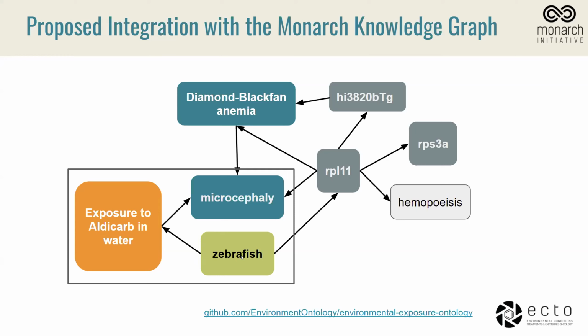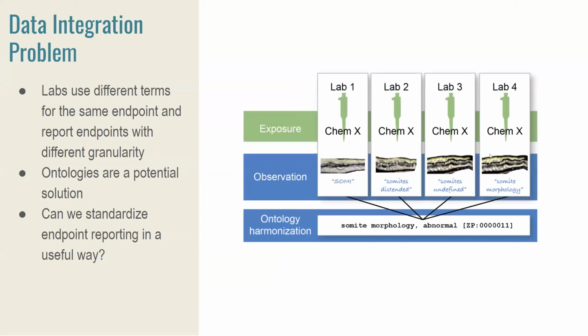Well, you can use zebrafish and microcephaly as hooks to link that data from your study to the rest of the graph and get the context, additional information about genes and processes and diseases that might be related to your data. So that's fairly interesting, but as I said, we have a data integration problem, because different labs use different terms for the same endpoint and report endpoints with different degrees of granularity.